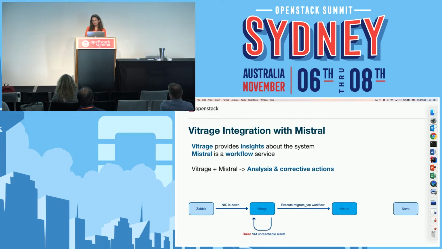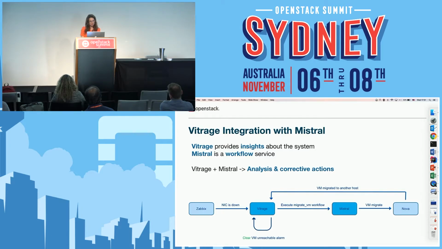And Mistral workflow will ask Nova to do the VM migration and will then follow up the progress, make sure it was completed successfully. So Mistral sends Nova a request to migrate the VM. As soon as Nova is done with the migration, it notifies Vitrage that the VM was migrated to a different host. And Vitrage deduces that the VM is no longer affected by the NIC failure, so the alarm on the VM is cleared.